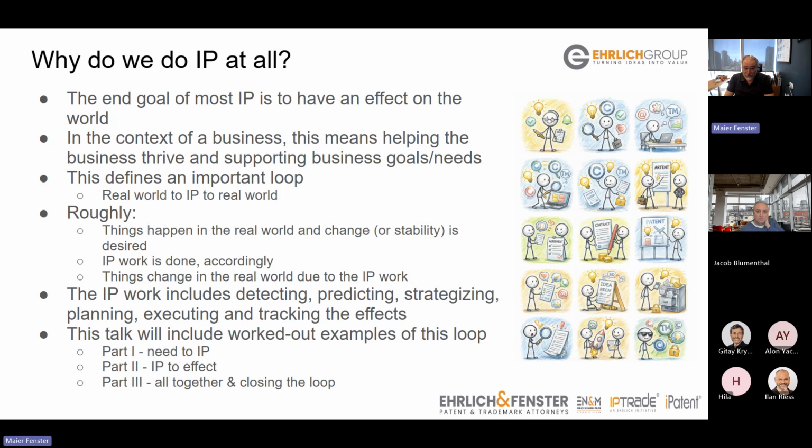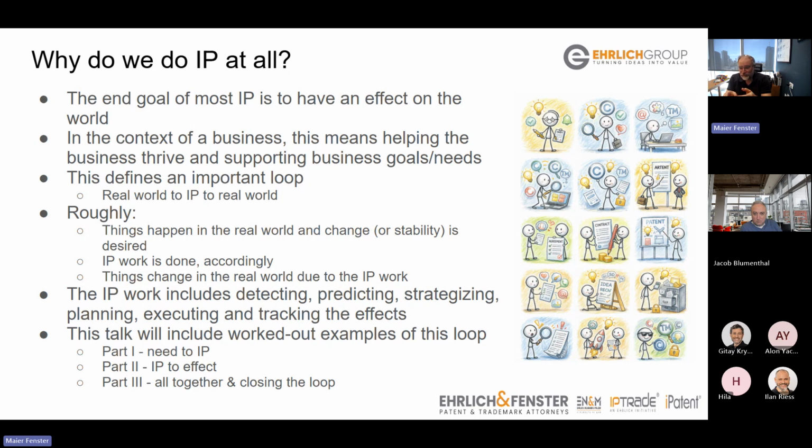So if you look at it in a more abstract way, there's the real world and things happen in the real world. And we want it to change. So we do something with IP, and then the real world changes because we did IP.